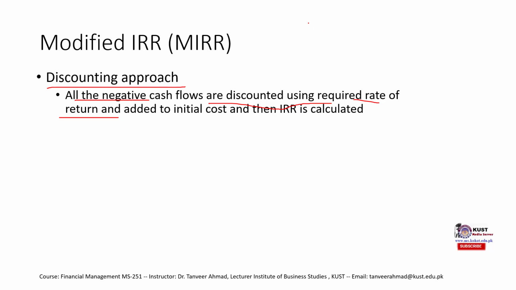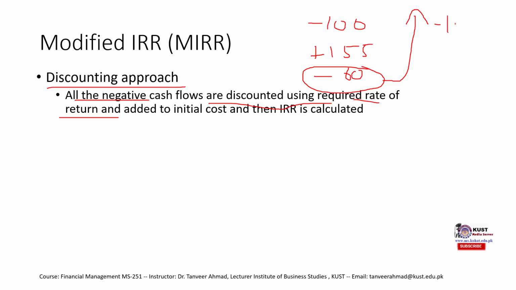So if we have negative cash flow of 100, then we have positive 155, then we have negative say 60. What we need to do is convert all these negative cash flows into present values, discounting them using the required rate of return. So now there would be this minus 100, then minus the present value of the 60, let's say it's 50, let's just assume, and then we would have plus 155.